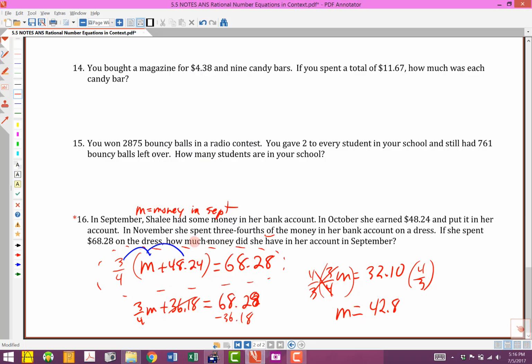This is a story problem. It says how much money did she have in her account? Would we just write 42.8 and leave it at that? Or would we remember we're talking about dollars and cents here? So the correct way to write this answer is to put a 0 on the end and then circle that. That's how much she had in September.